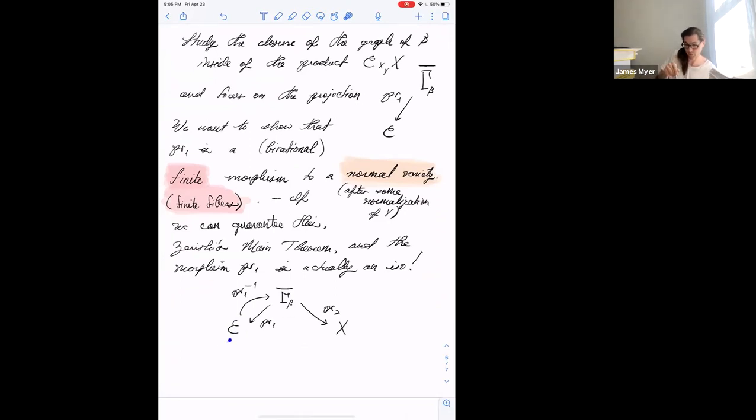So if you have an inverse, you can go from C back to X, right? And then the composition PR2 composed with PR1 inverse agrees with beta over the open set where beta is defined.